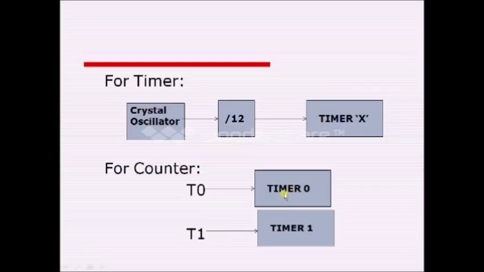Therefore, these timer registers now count the external clock pulses given through the T0 and T1 pins respectively. So if it is a timer, it counts internal clock pulses; if it is working as a counter, it counts external clock pulses.